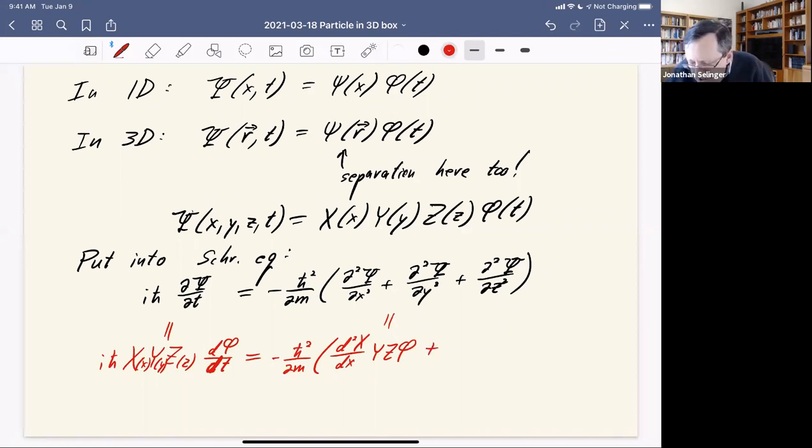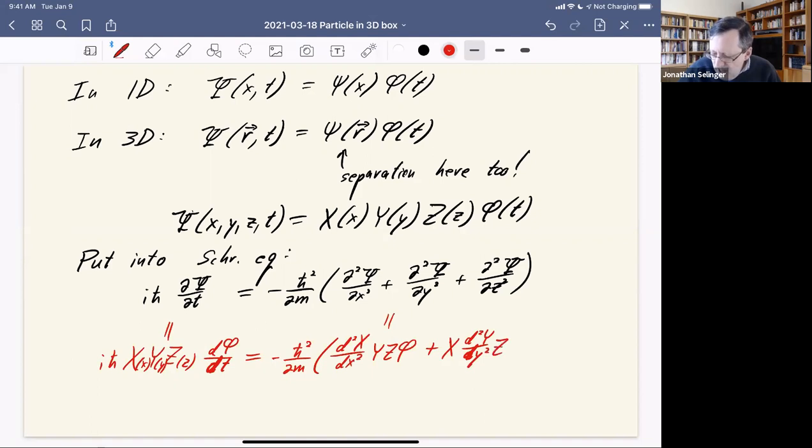So that's the first term. Now we can add on the second term. Here it's the same story, but with y instead of x. The second derivative with respect to y is the big X times the second derivative of the big Y function, d²Y/dy². Oops, I forgot a square there.